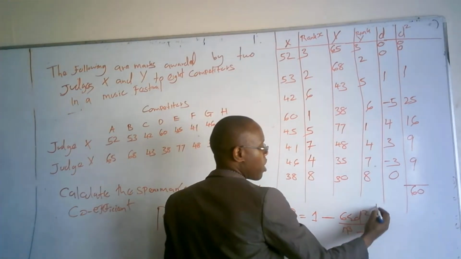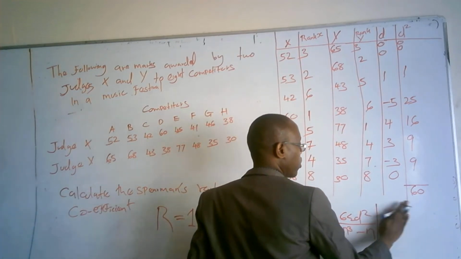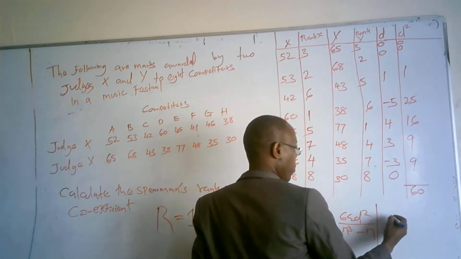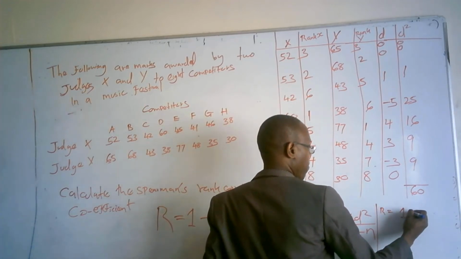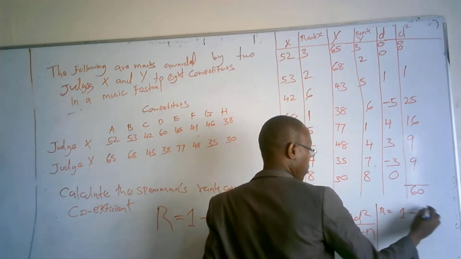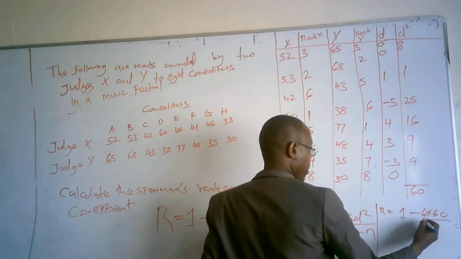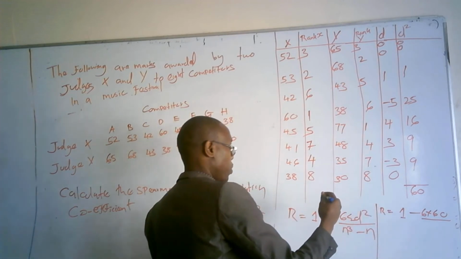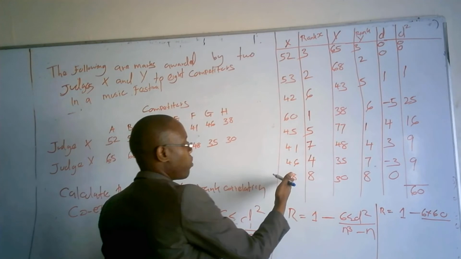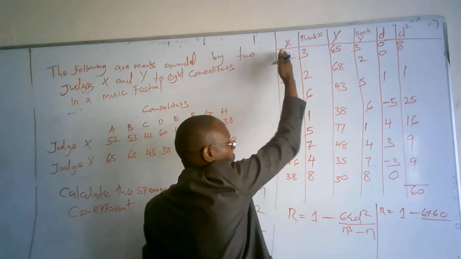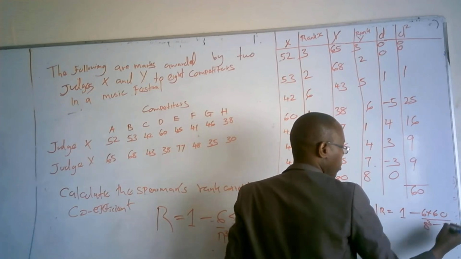So in that sense, now if we apply this formula here, then this is what we are going to get. So our r is going to be 1 minus 6 times summation d squared, which is 60, divided by n cubed. And the n you can see, there were actually 8 competitors. You can count them 1, 2, 3, 4, 5, 6, 7, 8, which is now 8 cubed minus 8.